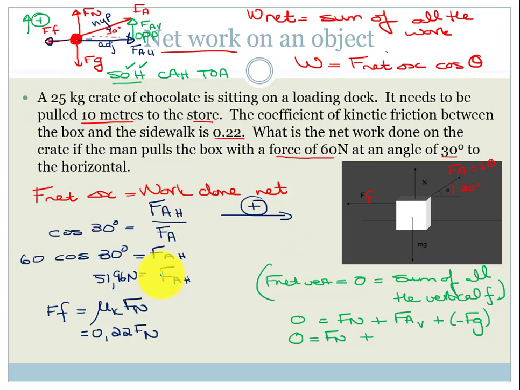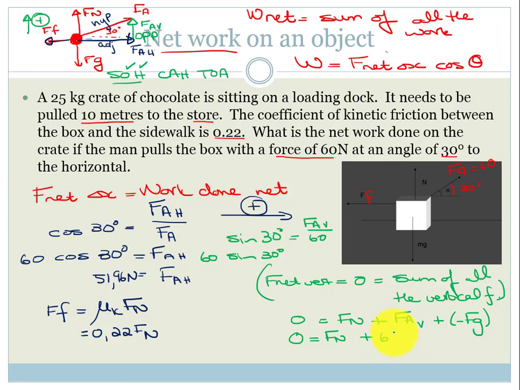So we're going to say that, I'm going to write it over here, sine of 30 degrees is equal to FAV, the opposite over the hypotenuse of 60. So that's 60 sine 30 degrees. Okay, so I'm going to fill that in there.